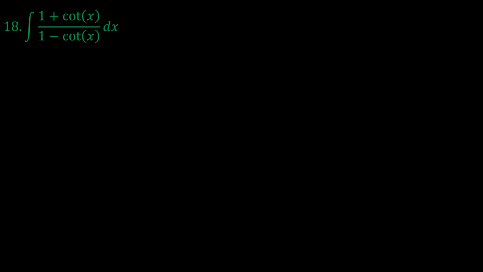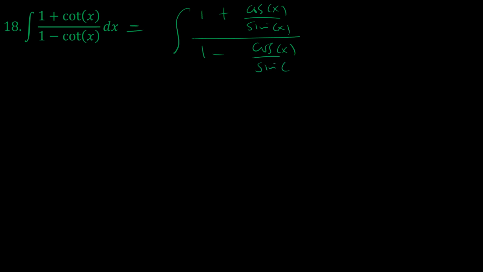What I can express this to be is, cotangent is cosine of x over sine of x, so we have 1 over 1 minus cosine x over sine x, which is the same as, multiplying sine x with both the numerator and denominator, we get sine x plus cosine x over sine x minus cosine x, right?